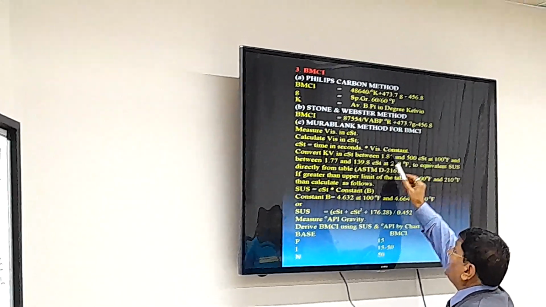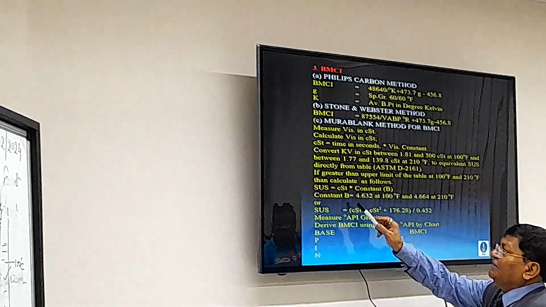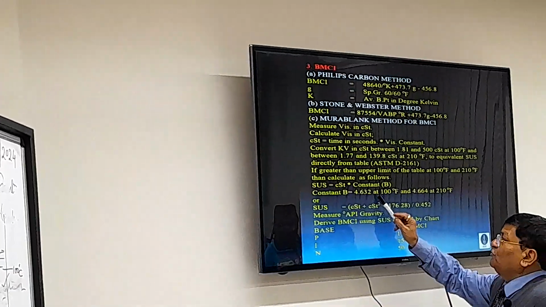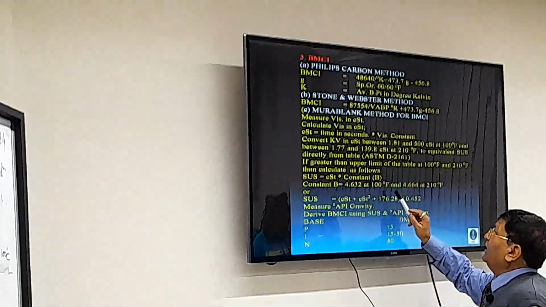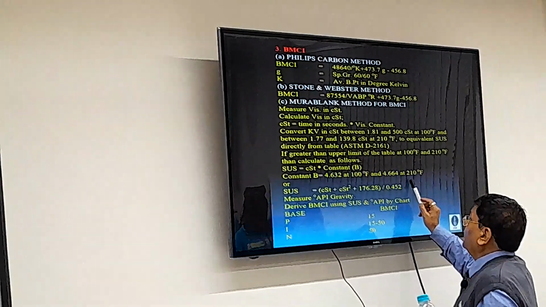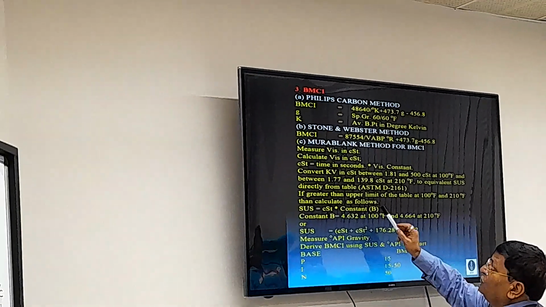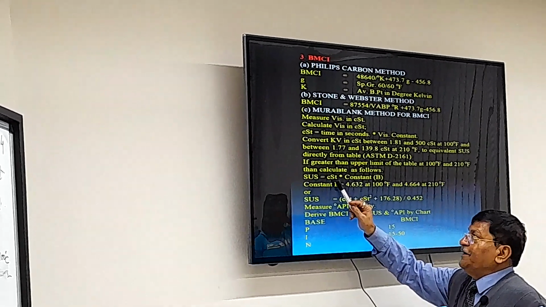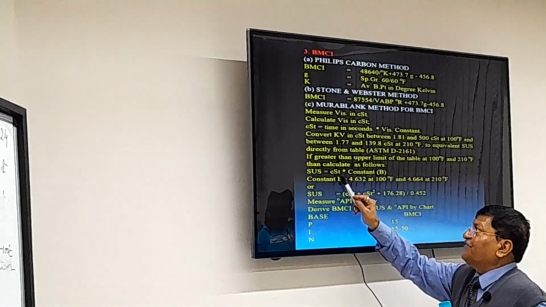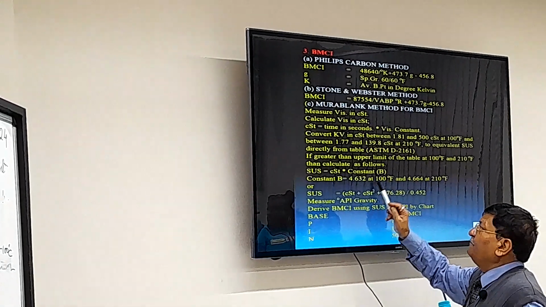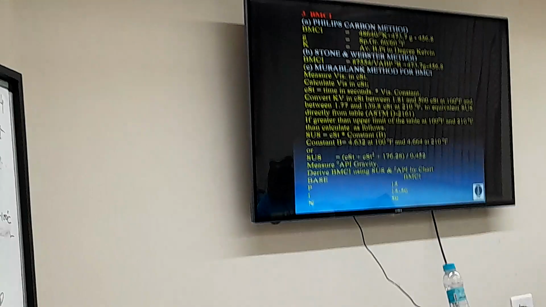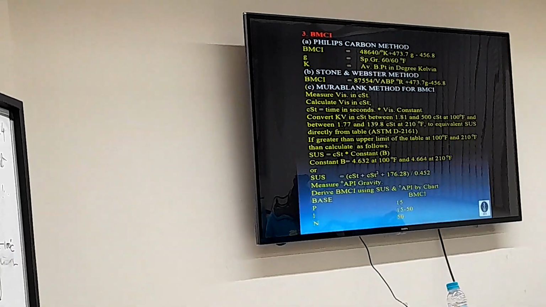If your viscosity is not in this range, then you can use this constant, 4.632 for 100 degree F and 4.664 at 210 degree F, using the equation SUS is equal to kinematic viscosity in centistokes into constant B. So you will get the SUS viscosity.